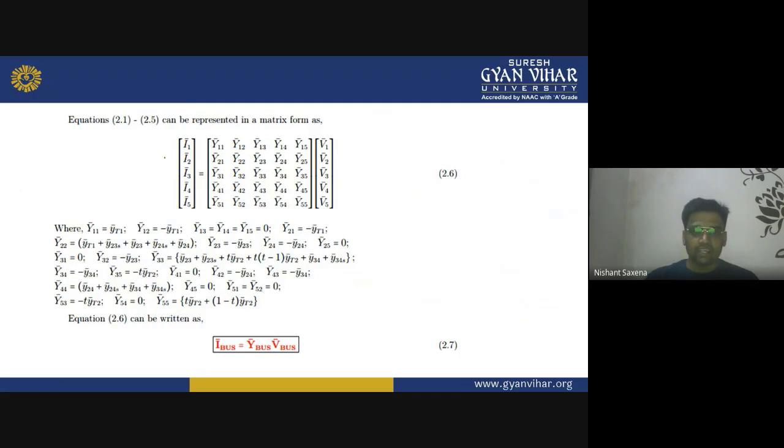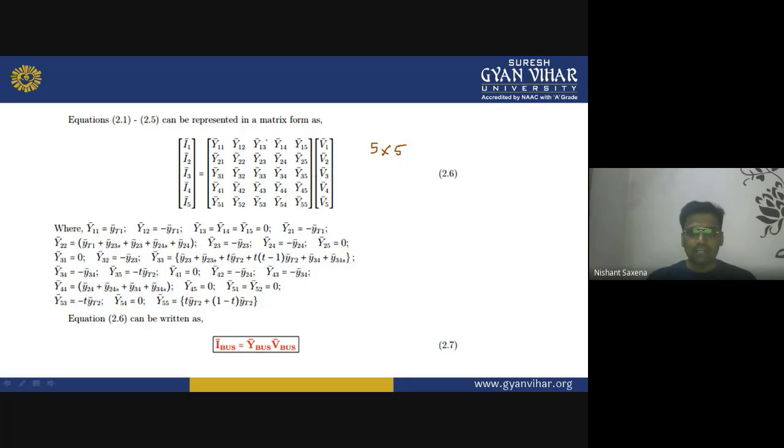Now, when we represent this in a matrix form, I can write it as I1, I2, I3, I4 and I5 will be equal to Y11, Y12, Y13, Y14, Y15. That means we are going to make a 5 cross 5 matrix, 5 rows and 5 columns. Is this clear? And over here, we will be getting V1, V2, V3, V4 and V5.